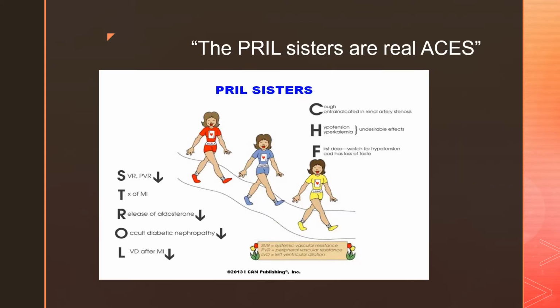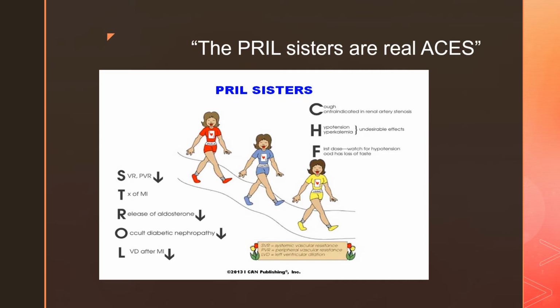So just a little visual for you, kind of maybe give you something to connect some dots. One of the classes we're going to talk about first are going to be ACE inhibitors. And a little thing I use to remember ACE inhibitors, what names the medications are, is the pril sisters are real ACEs. So a lot of time ACE inhibitors are going to end in pril, like lisinopril.